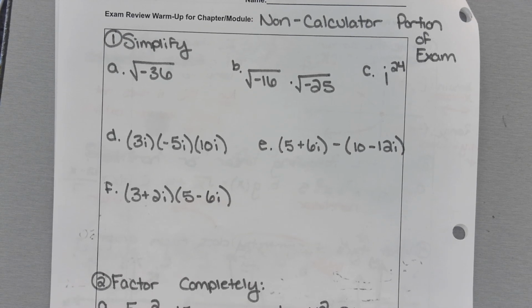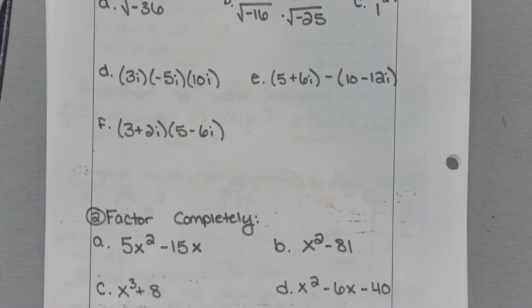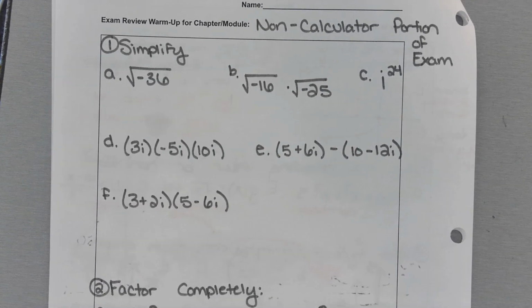Also, the non-calculator part is short answer. So the non-calculator part is the only chunk that is short answer. And there are only literally 2 questions on the non-calculator part, but they just both have a bunch of parts. So it looks very similar to this. It's going to be very similar. Okay, and we'll talk more about it.